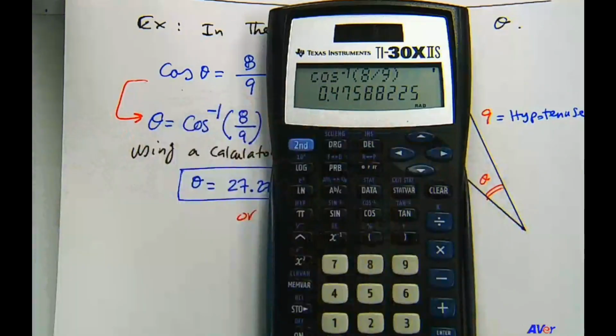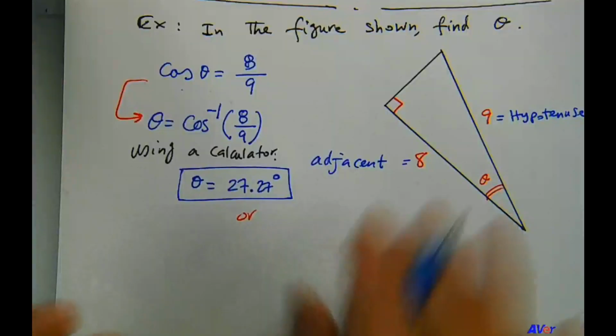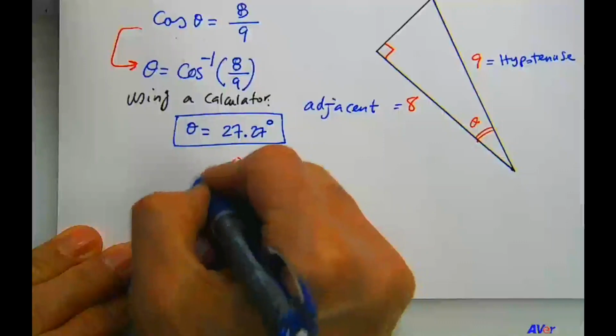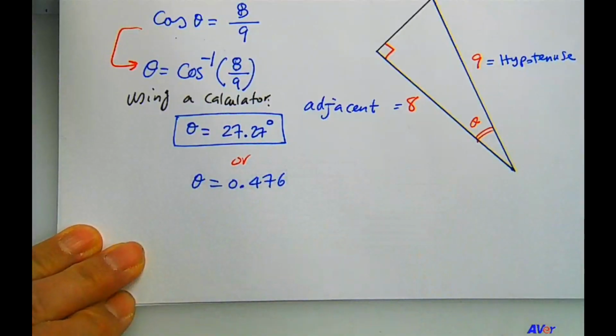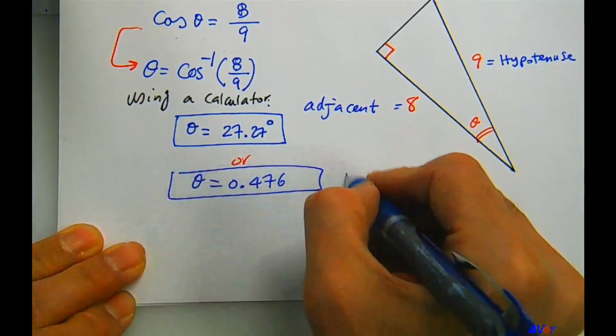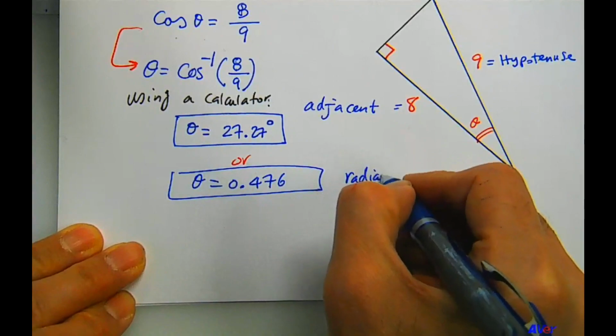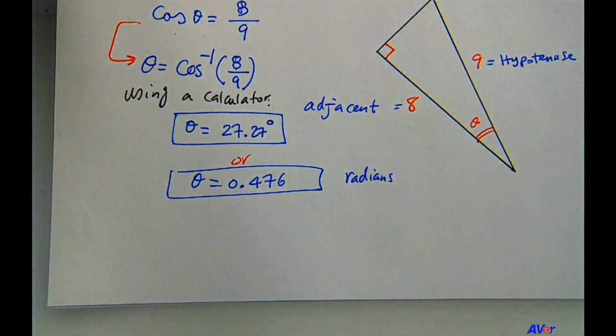So I'm going to round this to 3 decimal places, so it will be 0.476 radians. Okay? Radians.